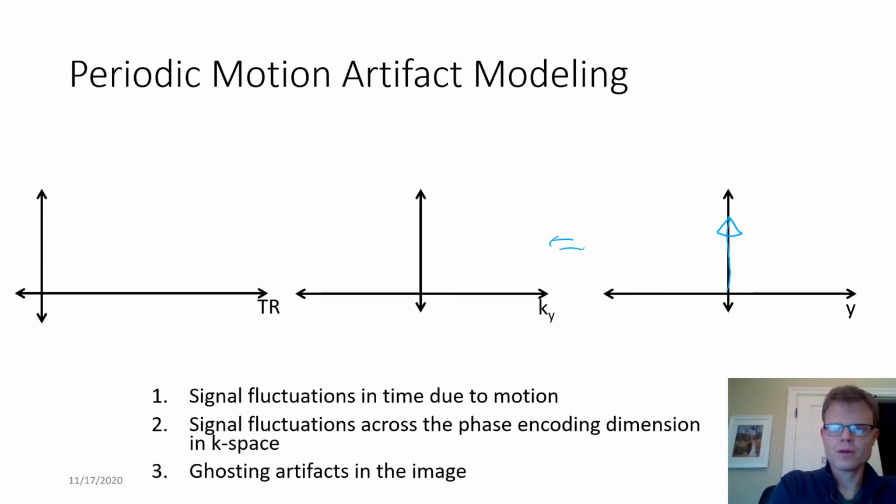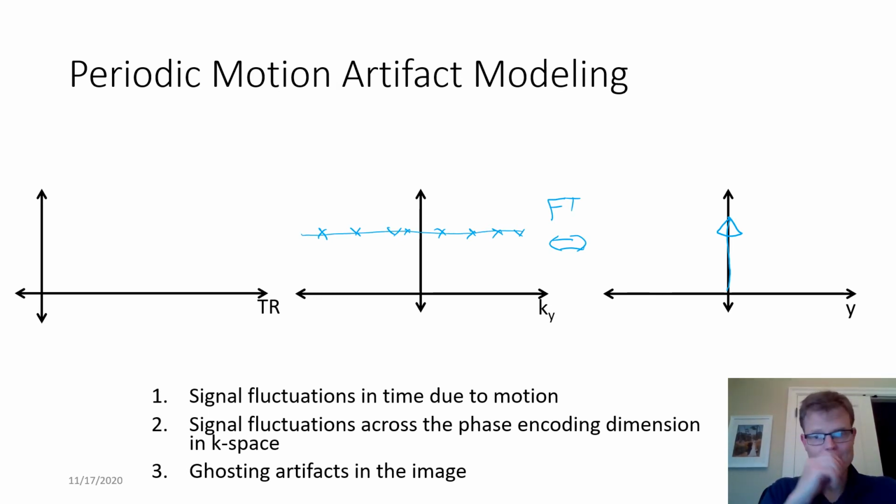So we have our Fourier transform relationship to k-space, which, remember, is in ky, so this is our phase encoding. These are these discrete samples here, but it's basically at a constant amplitude.